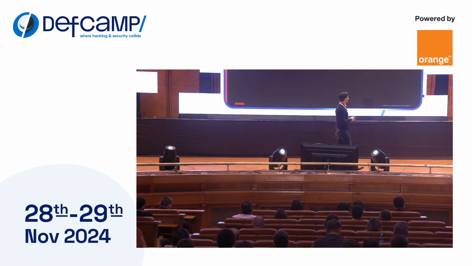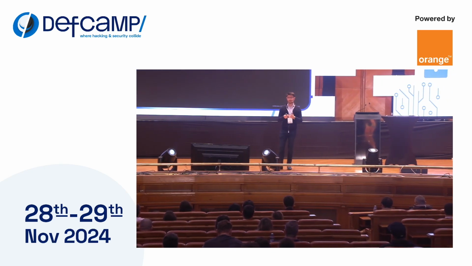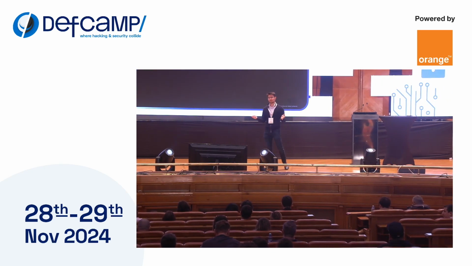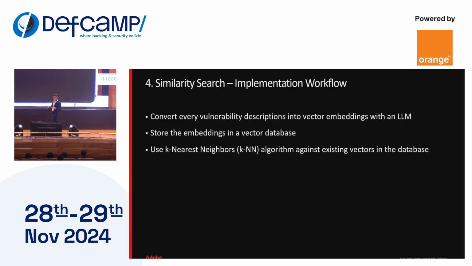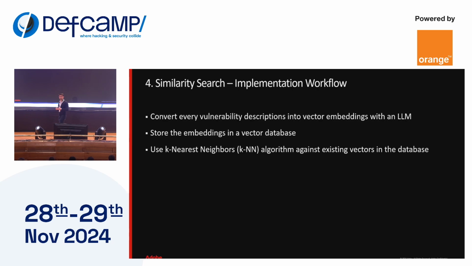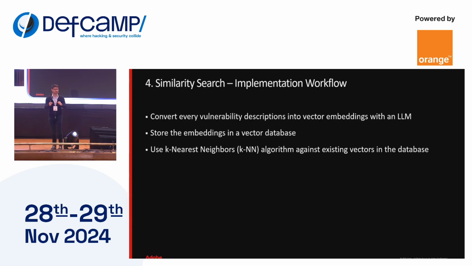Also, as part of the implementation, you'll have the database, the ticket management solution with all the vulnerabilities. You'll take the vulnerability descriptions right there, and convert them into vector embeddings with an LLM. Once you have that, you'll store all of the embeddings in the vector database.